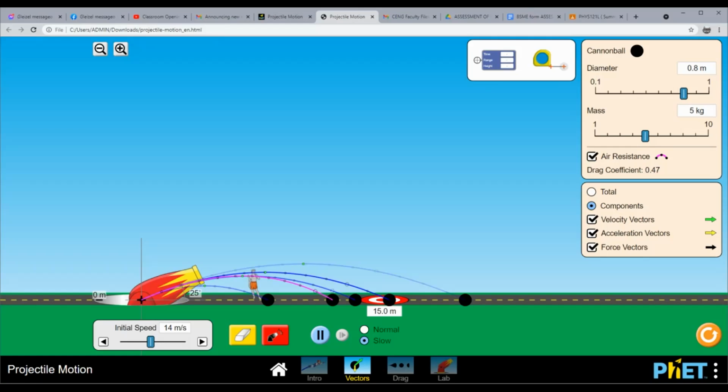Okay. So, kahit the same ang initial speed na ginamit mo for the cannonball, kapag merong air resistance, maaapektuhan niya in a way na mababawasan niya yung distance na natatravel ng cannonball or ng projectile. Okay?